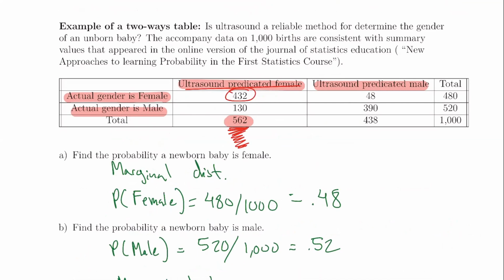So you're only focusing on this column. I'm not focusing on the entire picture, only on ultrasound predicted female. I'm not looking at this because that's including this 48.